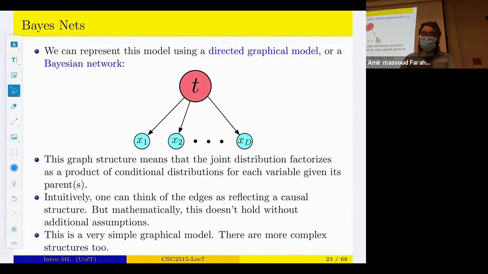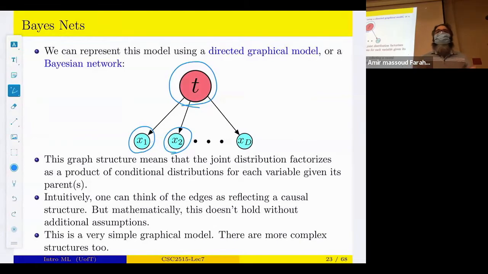So we can represent this distribution graphically using a directed graphical model or a BayesNet. Basically this graph structure, we show it like this: we have T, and then there is an arrow from T to each of the x's, but there is no connection between x1 and x2, for example.